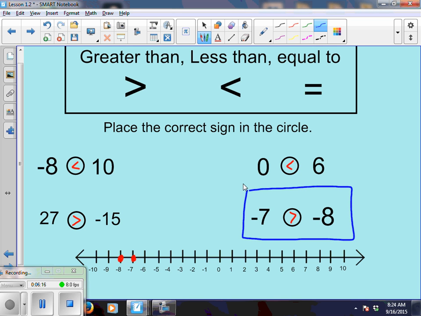So what did I use? The number line. So I plotted -8 and I plotted -7. And I knew that if you read the numbers from left to right, it goes from least to greatest. Therefore, -8 is less than -7.